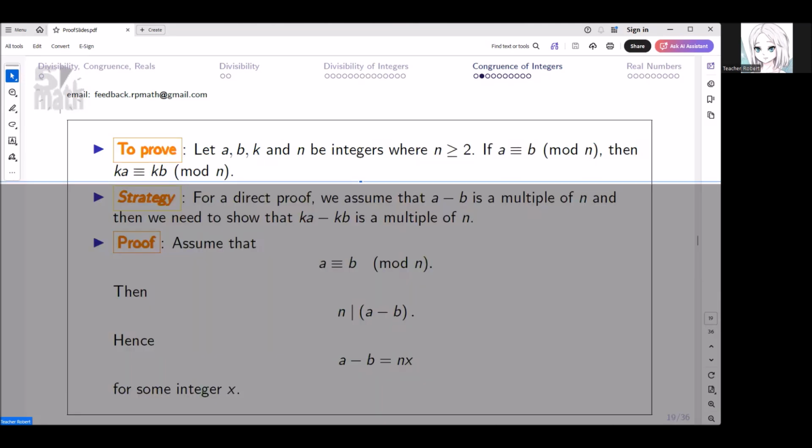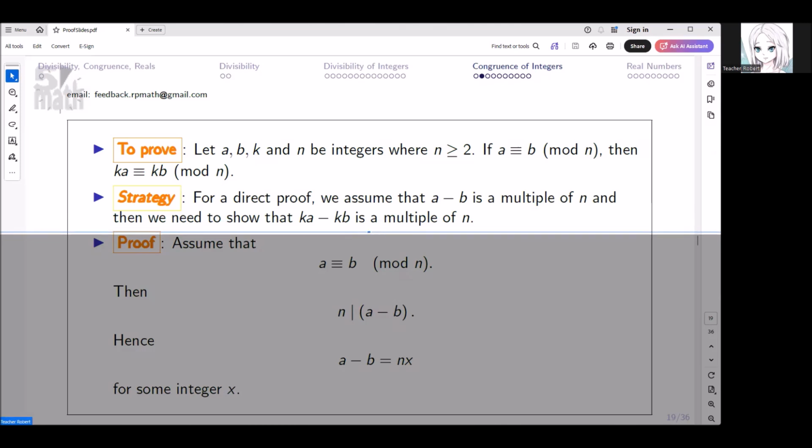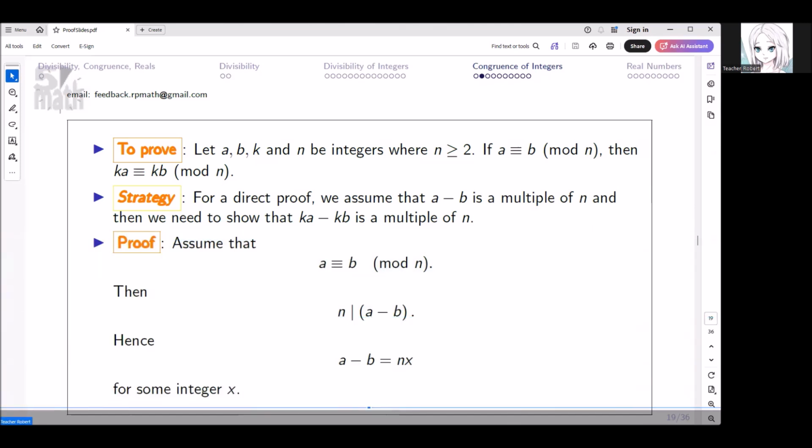To prove: let a, b, k, and n be integers where n is greater than or equal to 2. If a is congruent to b mod n, then ka is congruent to kb mod n. Strategy. For a direct proof, we assume that a minus b is a multiple of n, and then we need to show that ka minus kb is a multiple of n. Proof.